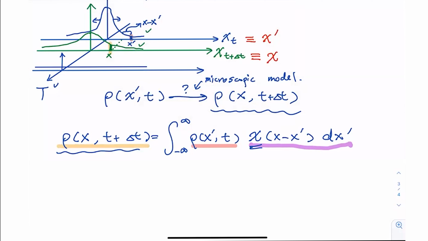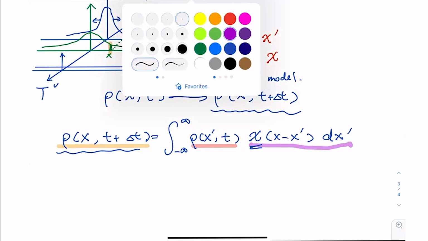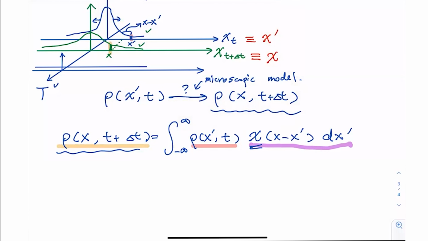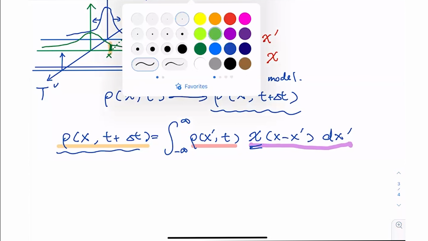Okay, so what does this mean? These particles can move here, and there are also some other particles that might be sitting somewhere here, but eventually you will move to this particular place x. Okay, so I'll remove some of the lines in order to make the figure more readable. Are there any questions for this equation? I'll just write down the meaning of the right-hand side.